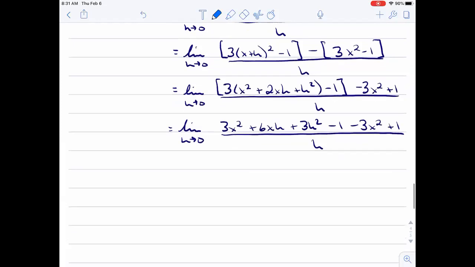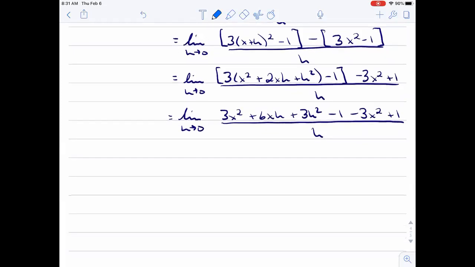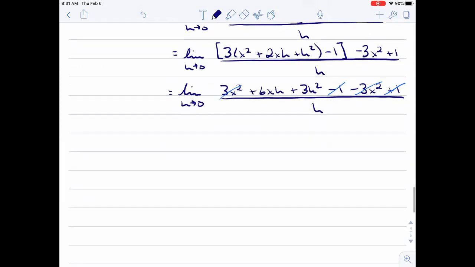Just like before, everything's going to cancel and that h in the denominator is going to evaporate at some point. The 3x squared minus 3x squared goes away, and then minus 1 plus 1 goes away. Now I'm left with terms that have h's in them, which means we'll be able to cancel.